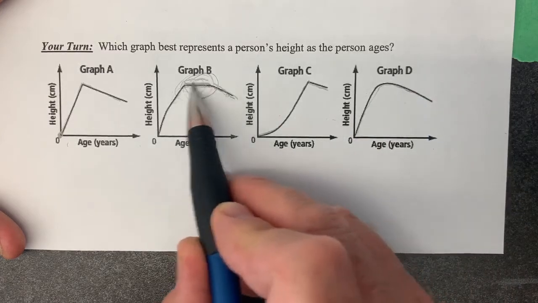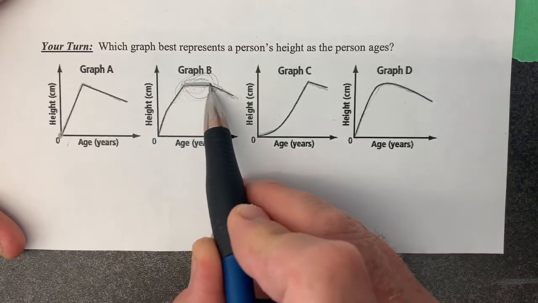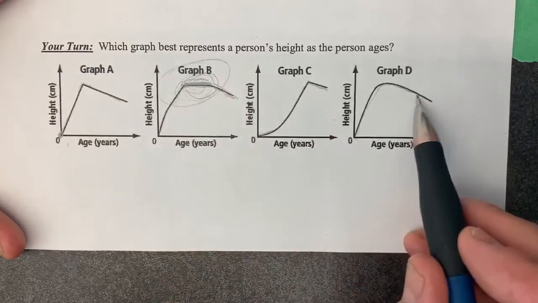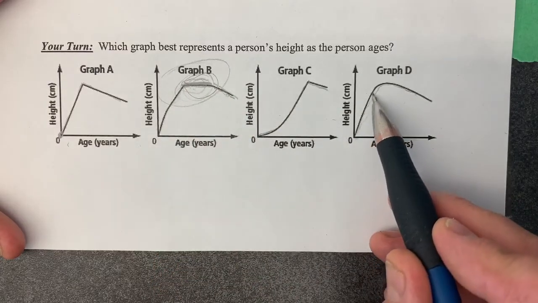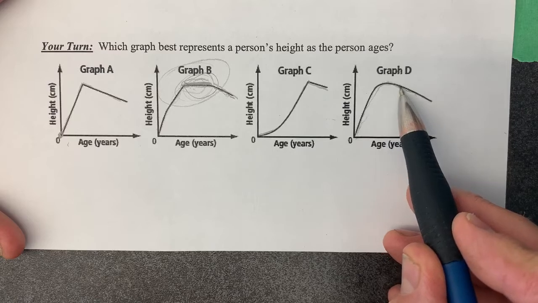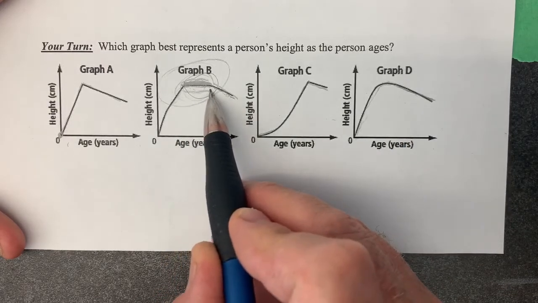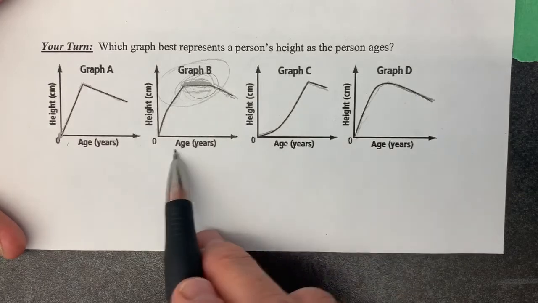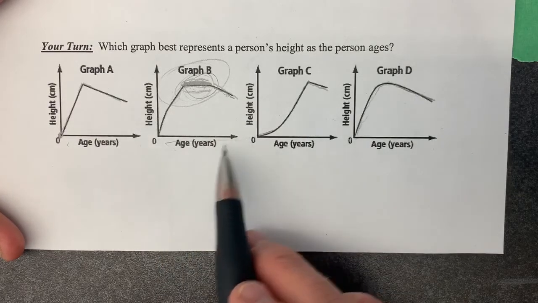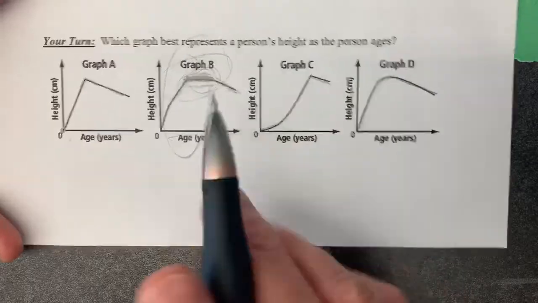This one's got the longer flat section, because you're the same height for most of your life. I would go with this one, because this other one is growing and then you're shrinking all of a sudden. I like this one that's got the flat section, because you're not shrinking until later on in life. Age is going to be time, always on the bottom. So I would say it's got to be this graph. Okay.